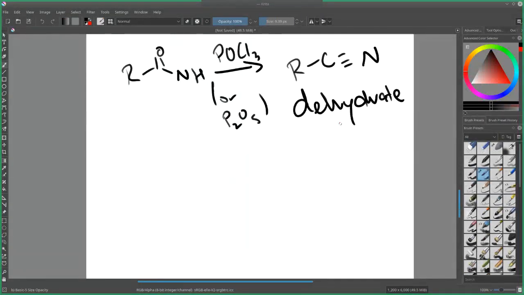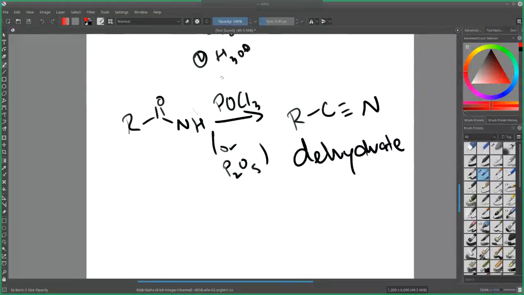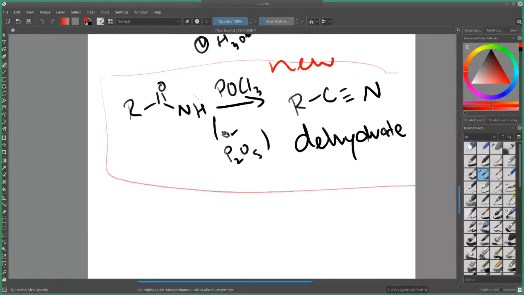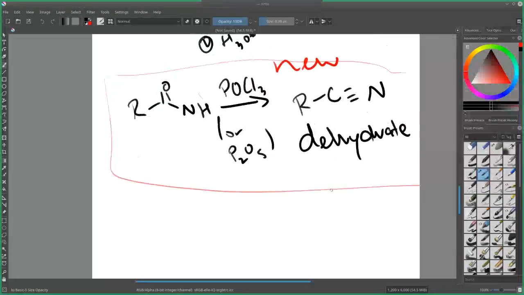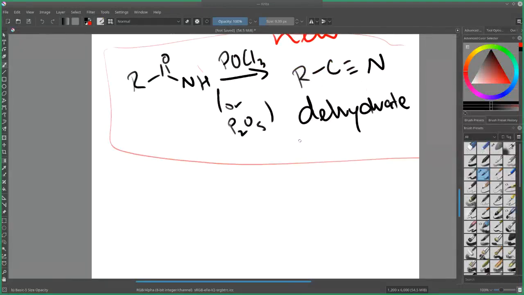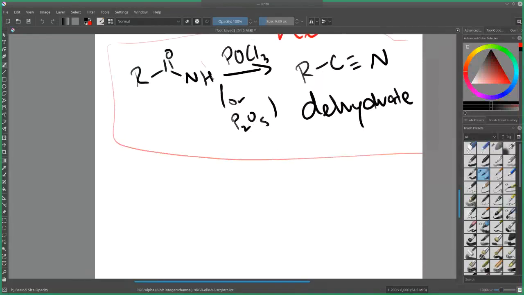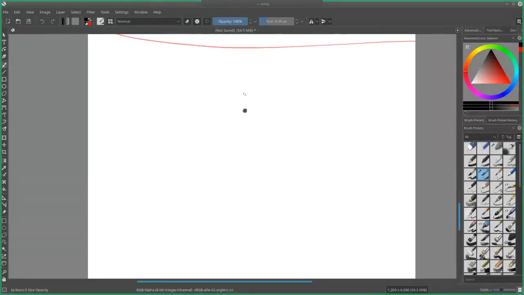All right, this is new. Maybe I'll put a little box or something. Okay, so this is also new here. And this is good to know because now this lets you go backwards, right? Which is really helpful because this is a really good way of making nitriles, to start with an amide, because you know how to get to amides in a lot of cases. Okay. A little bit more so you can go.